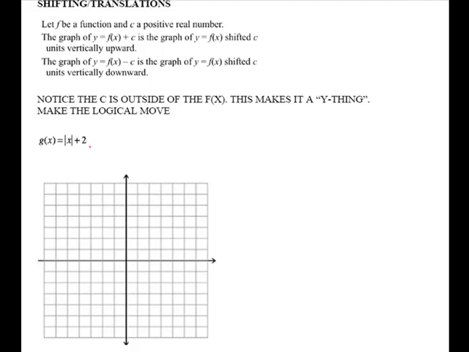It's outside the absolute value if we're doing absolute value, or whatever the function is. And if it's positive, if it's added, it's going to shift it up, or if it's minus, it's going to shift it down. And this is why it's important to remember how to draw your standard one, because you can draw your standard one and then this is going to say move it up 2.